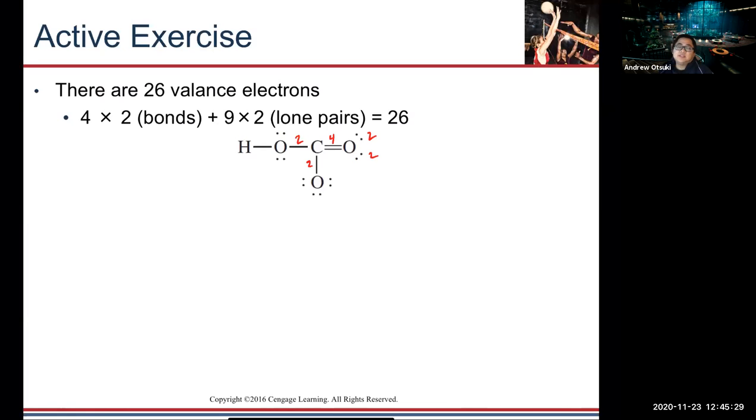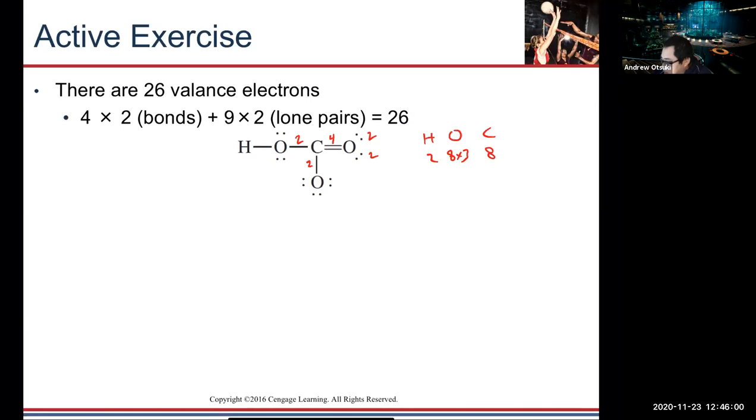So that was how we would go about solving this structure. One thing you can also do is calculate the ideal number of electrons. So hydrogen, 2, oxygen, 8 times 3, then carbon, 8. Because remember, carbon and oxygen want octets.